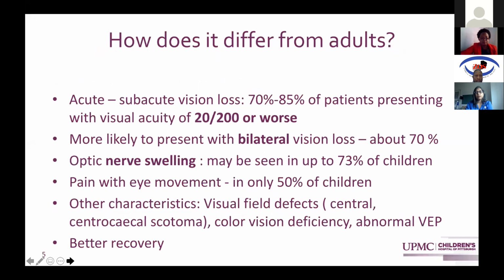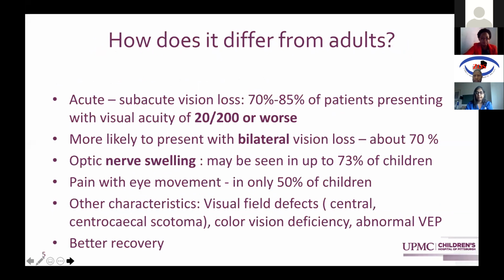Now, how does it differ from optic neuritis in adults? Most of these kids, 70 to 85%, will present with visual acuity of 20/200 or worse. So there's a higher chance of more significant loss. They're more likely to present with bilateral vision loss, in about 70%, which is much lower in adults.